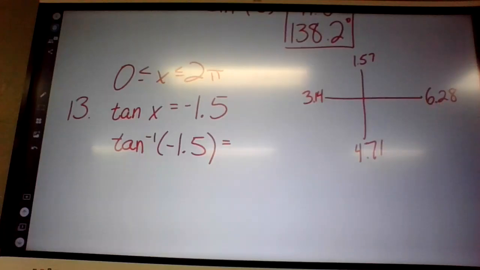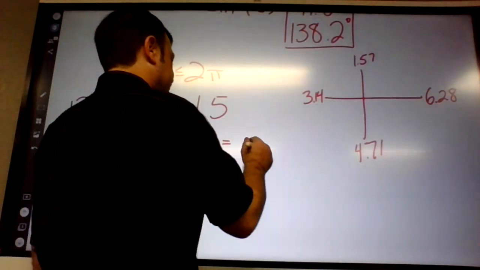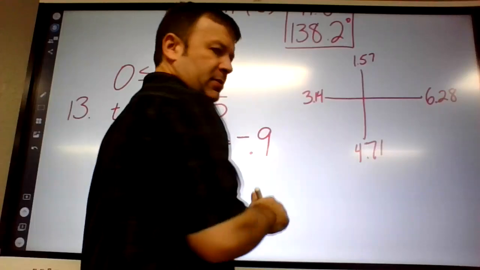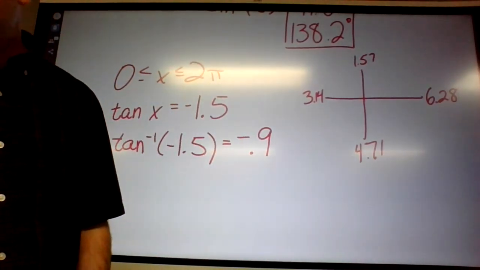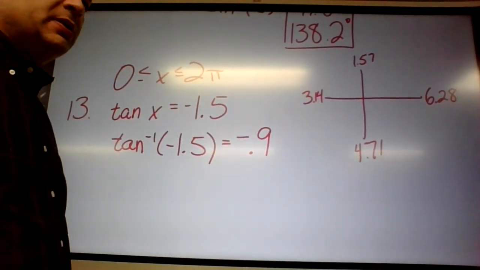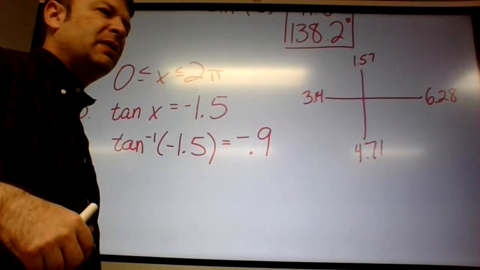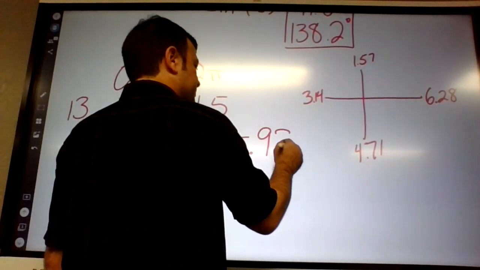What'd you get? Negative 0.98. Let's see, where does it say to round it to? It says the hundredths place. Negative 0.98.